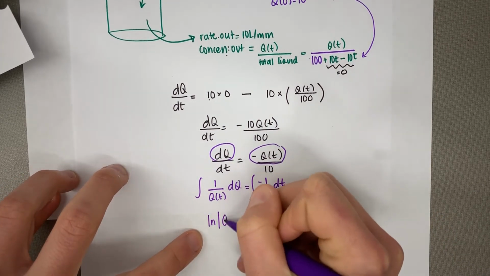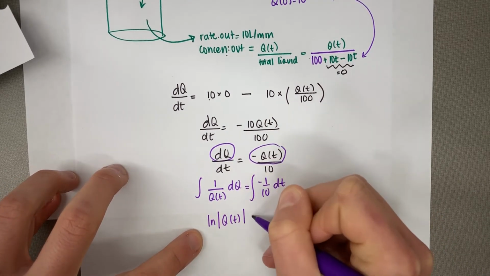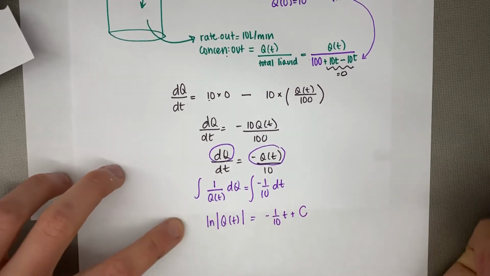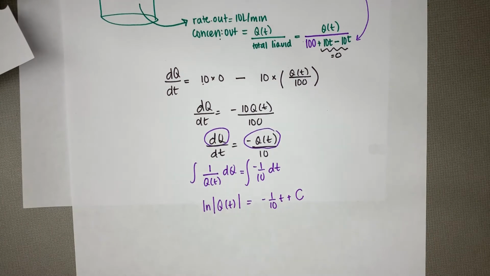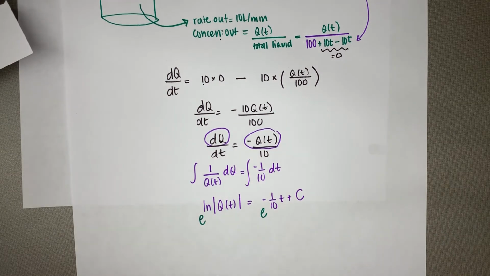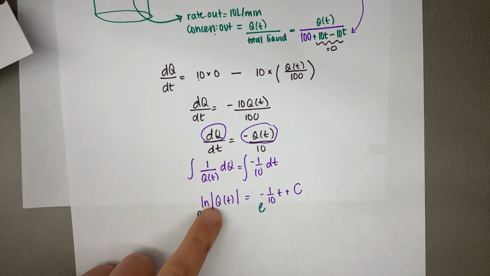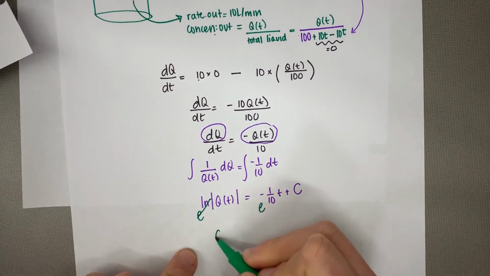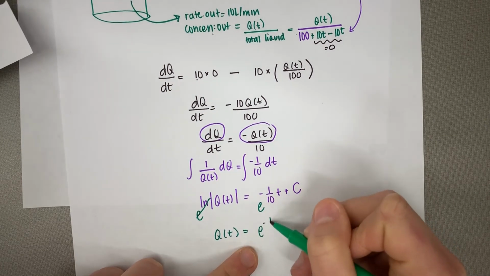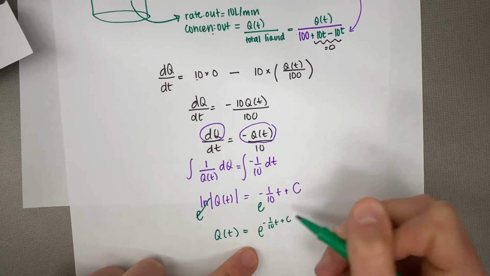Natural log of Q of t equals negative 1/10 t plus c. Gotta have one side with the plus c. Now to undo that natural log, we're gonna raise e to the power of both sides. This undoes it, and we have Q of t equal to e to the negative 1/10 t plus c.